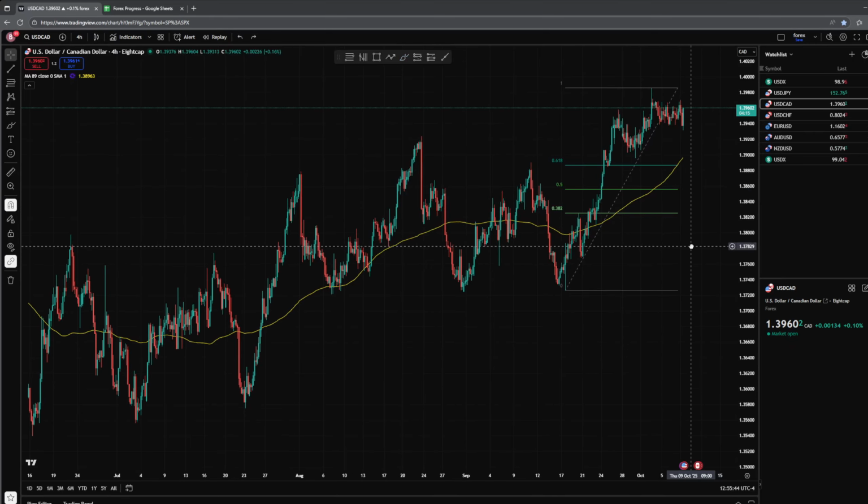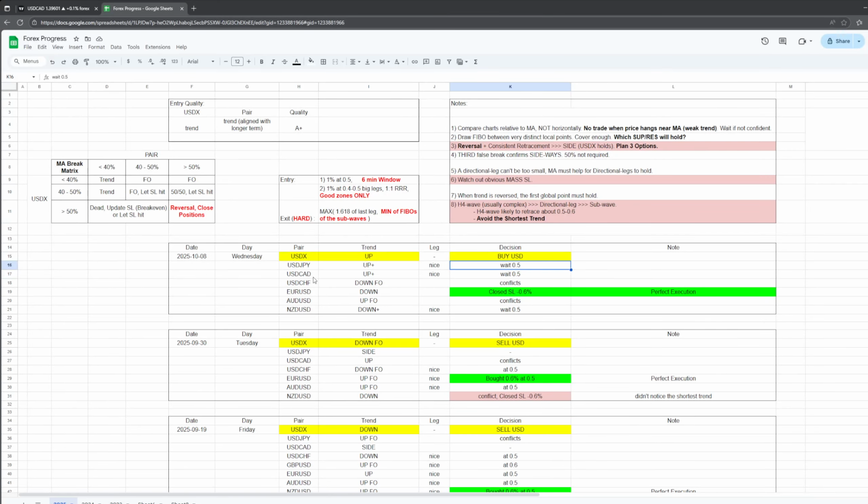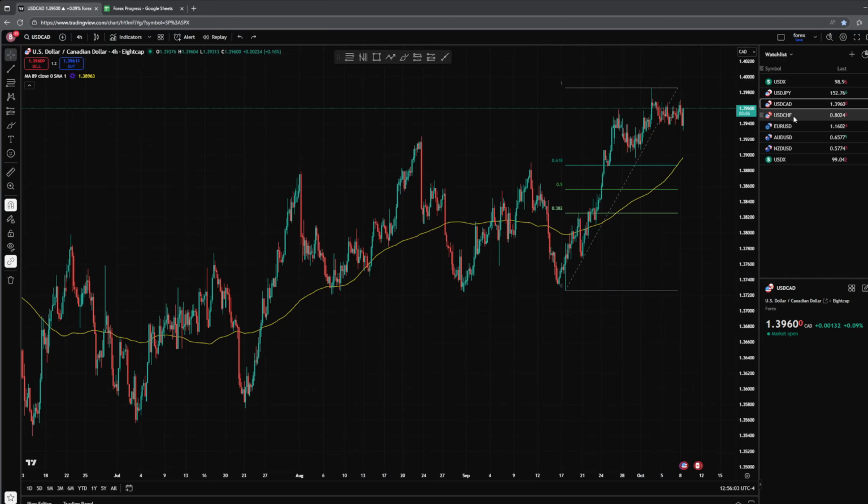Until then, we're gonna wait for a good zone. Okay, let's write it down. USD Canada dollar, loonie trend is up, leg size is nice, and our decision is to wait for the market to retrace at least 50%, then we will buy USD.